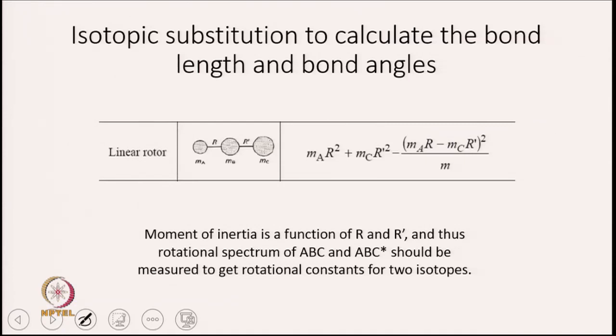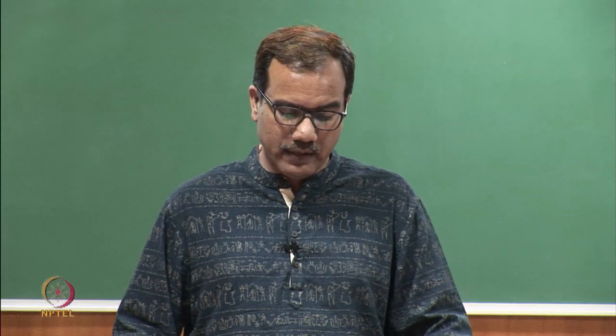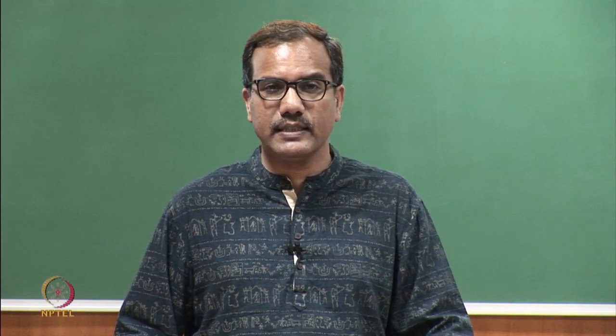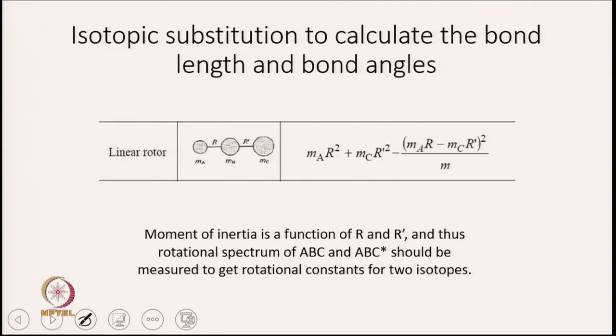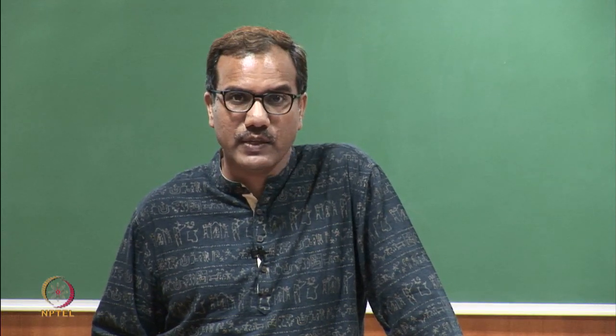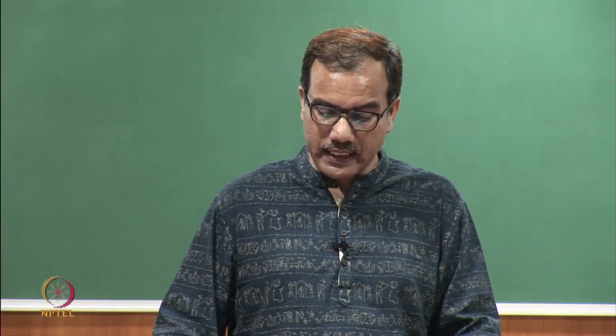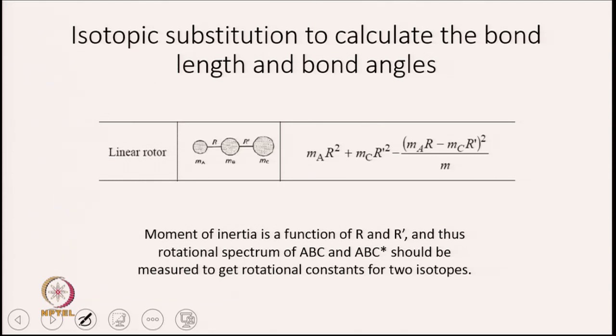The one thing which is done is isotopic substitution, and the good thing is once you do that and see the rotational spectra of that isotopic molecule, then not only can you get bond length, you can also calculate bond angle. For example, for this linear rotor, I just told you that moment of inertia is a function of r and r dash. So, one of the ways to get r and r dash is to obtain rotational spectrum of molecules, suppose ABC and ABC star.